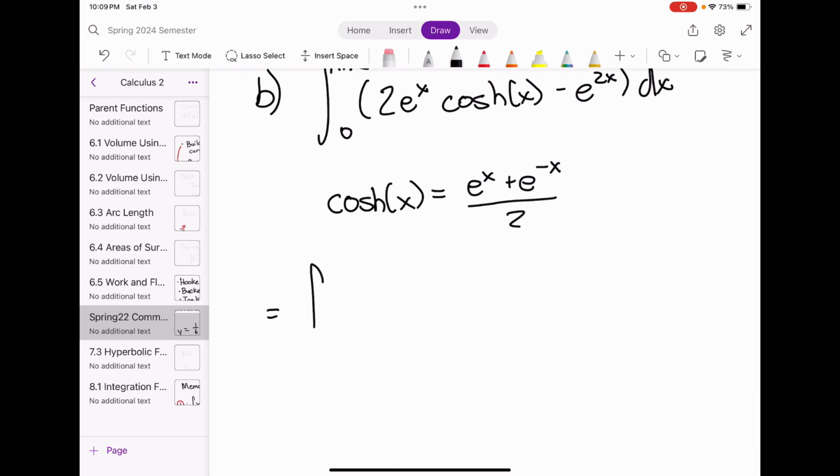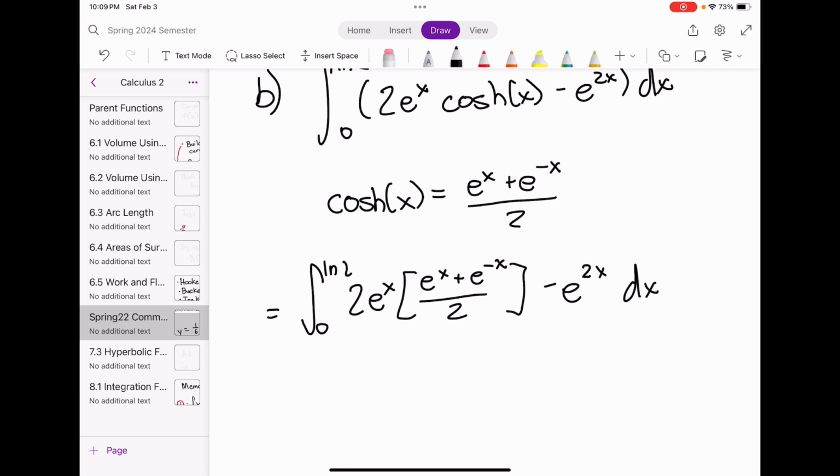So I'm going to re-plug that in, see what we'll get. Integral from ln of 2 to 0 of 2 e to the x times e to the x plus e to the negative x over 2 minus e to the 2x dx. That will cancel with that.